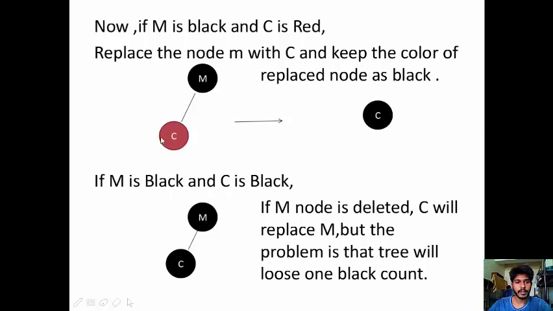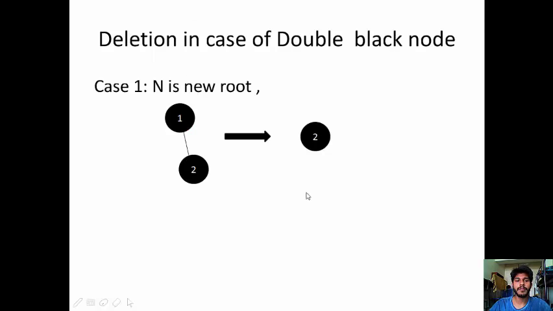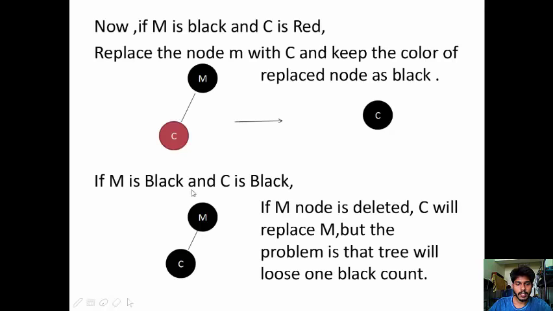Now the third case comes: what happens if both the root node and the child node are black? In this situation we have some managing problems. We have to deal with 6 other cases, because here the root node is M and the child node is C. If we delete a black node, that is root node M, this C node comes upward, and there is a loss of a black node.